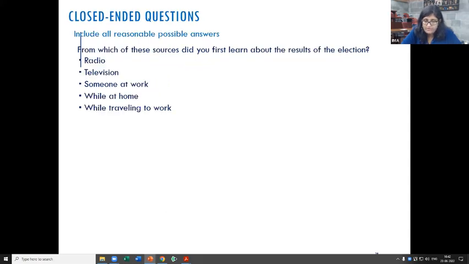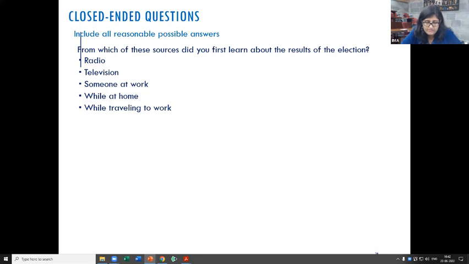Include all possible choices. So look at this example. From which of these sources did you first learn about the results of the election? Radio, television, someone at work, while at home, while traveling to work. The last 2 options do not tell you the source.